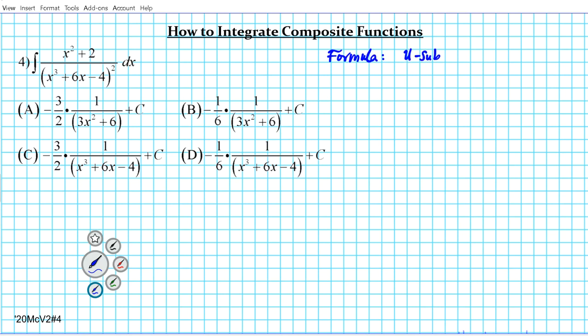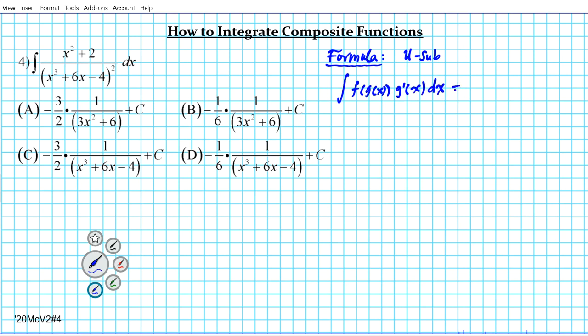How do you know that you're supposed to use the U sub method here? It is because if you differentiate the inner function of the composite, you end up with a real number multiple of the other function. So if you have the integral of a composite function f of g of x dx, it's going to be f of g of x times the derivative of the inner function, or a multiple of it.